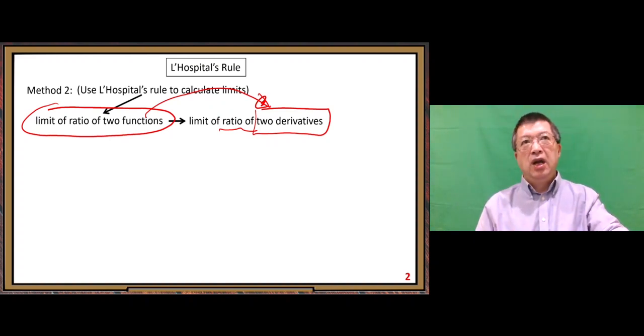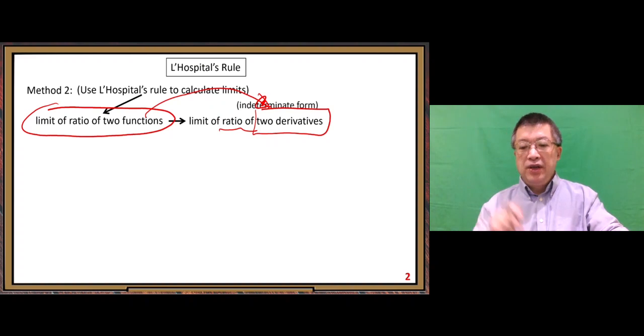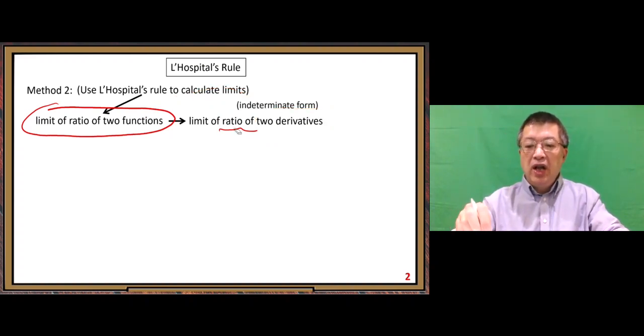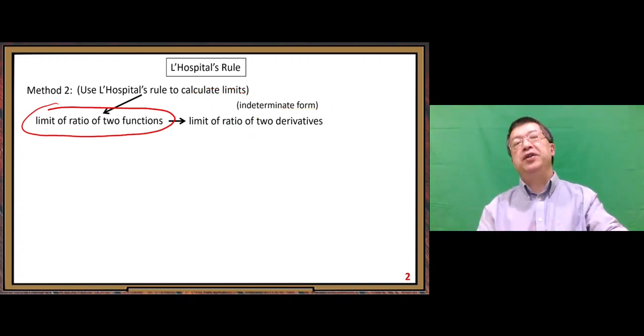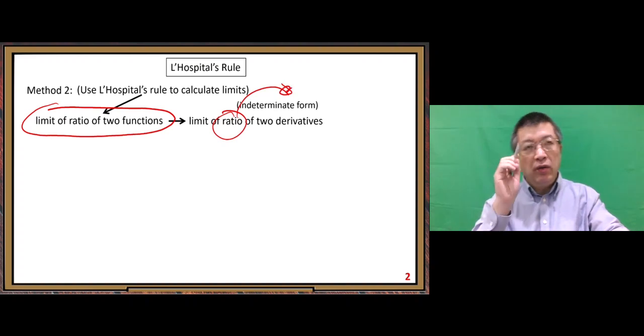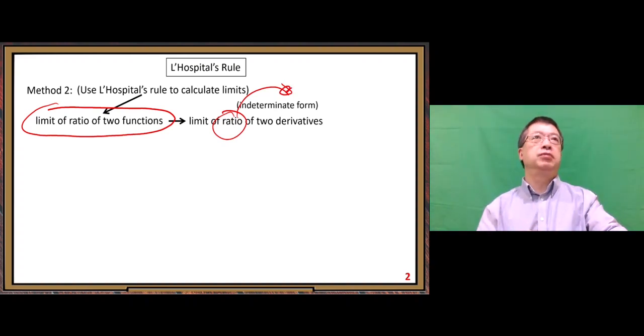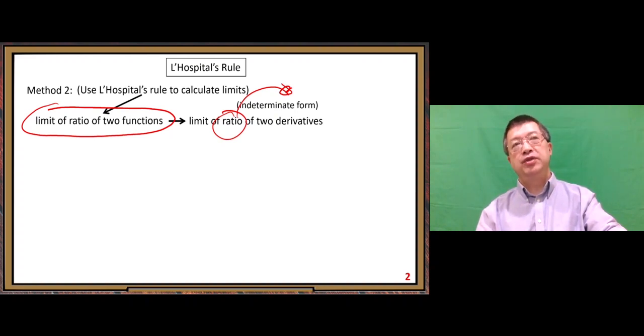But when you use the L'Hopital's rule, you need to make sure the condition is satisfied. The ratio should be one of the indeterminate forms. There are several indeterminate forms. It should be one of the indeterminate forms.